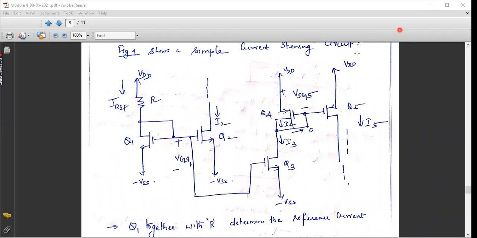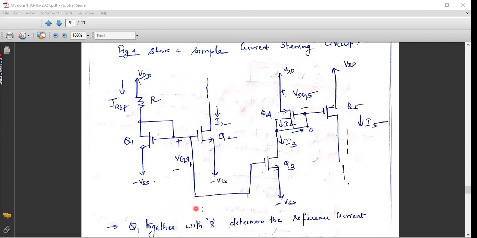Similarly, here I'm going to steer a current I3 to some other location of that particular IC. In order to steer the current I3, I have connected this particular node to the gate of another transistor called Q3. So here Q2 and Q3 are connected to Q1. That is, the gate of Q1 and the gate of Q2 are interconnected.